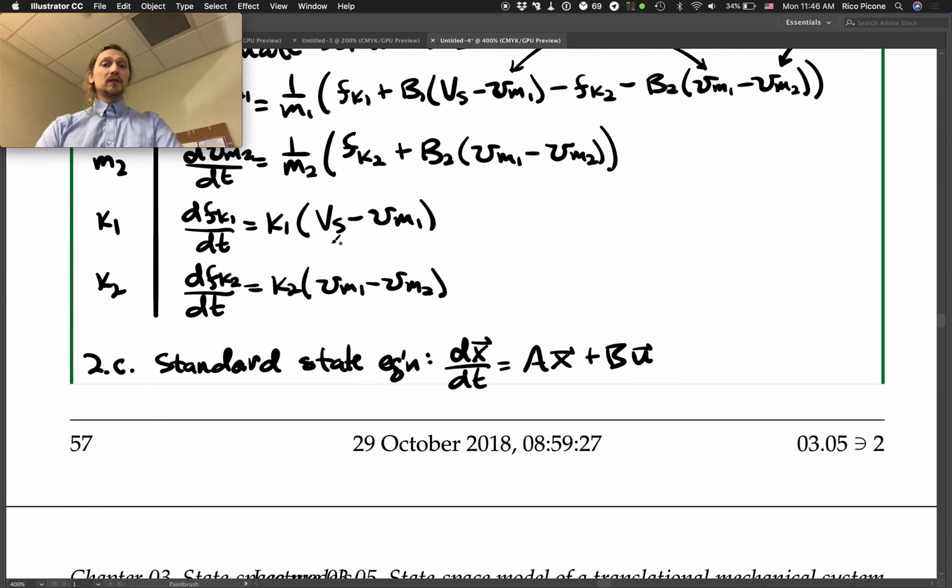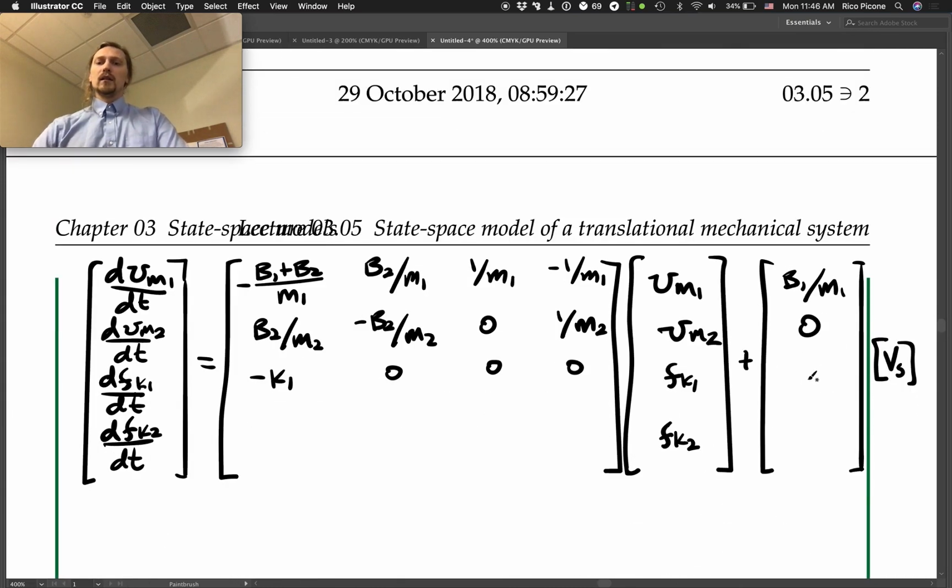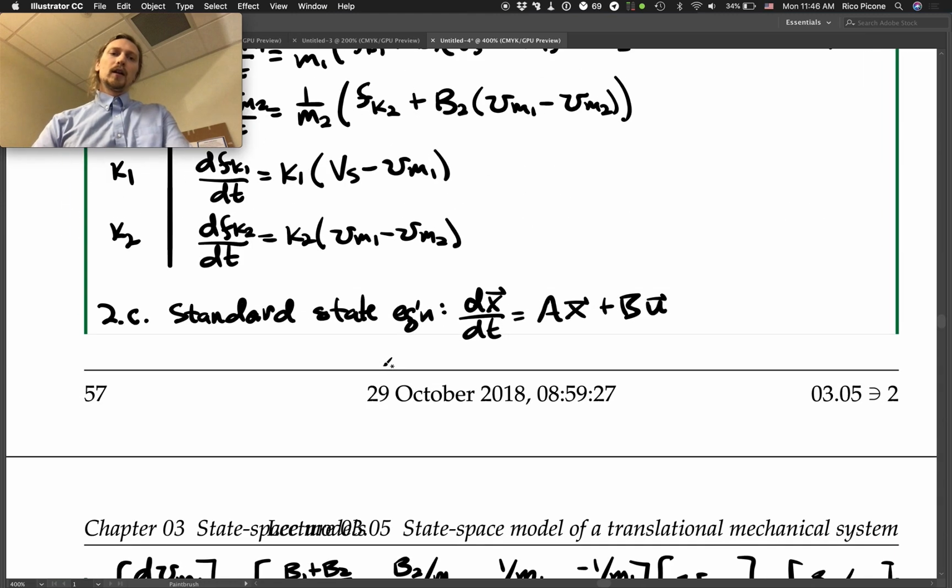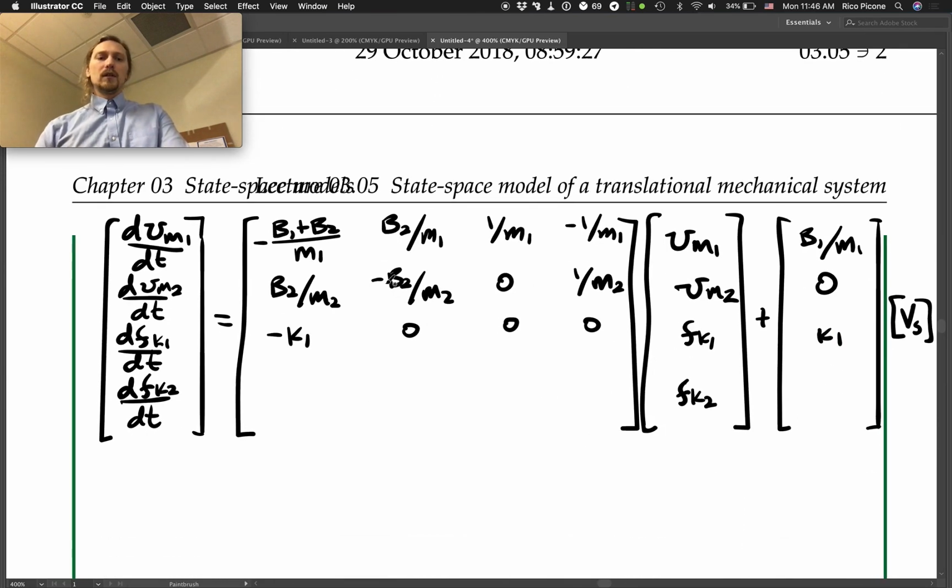And the source does show up, so we get k1 times Vs. Okay, and the final one is k1 for Vm1 and k2 for Vm1 and negative k2 for Vm2. So k2 and negative k2. And 0, and 0, and 0.